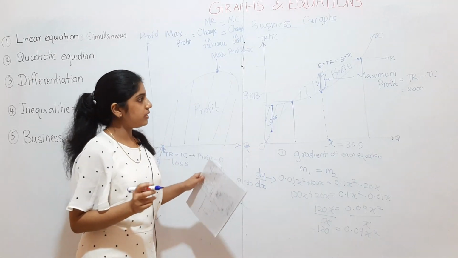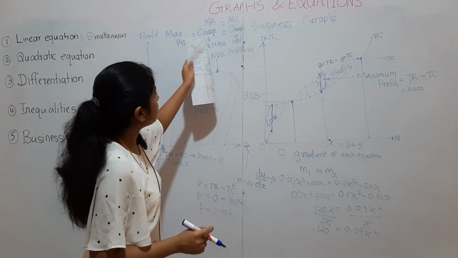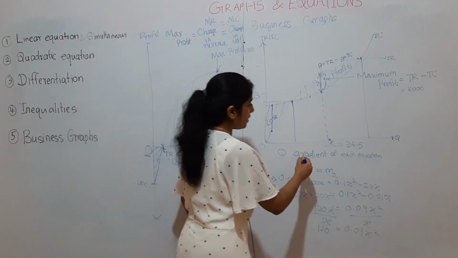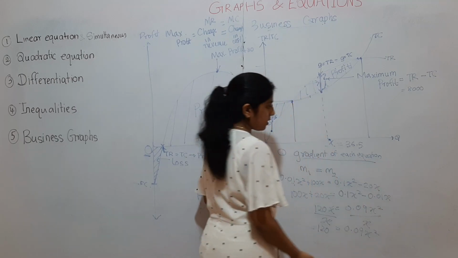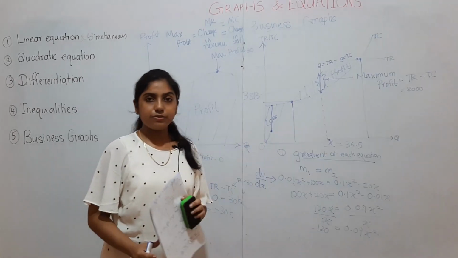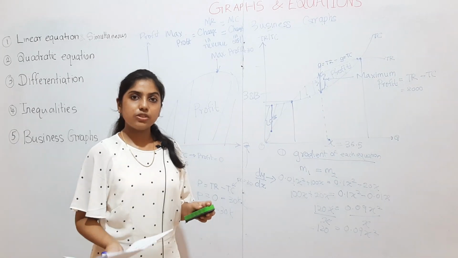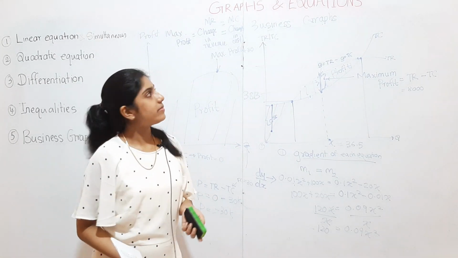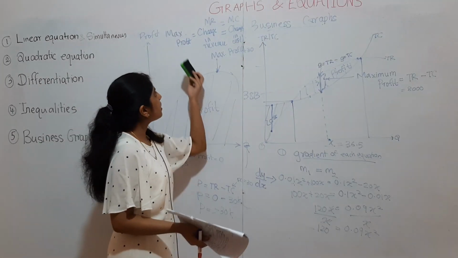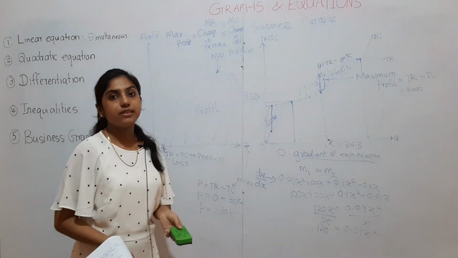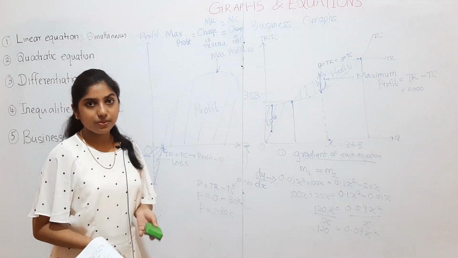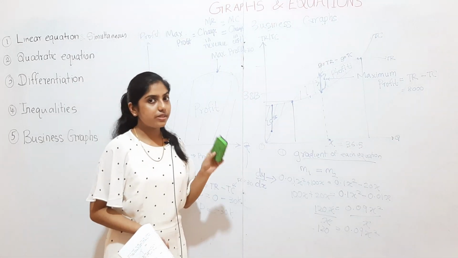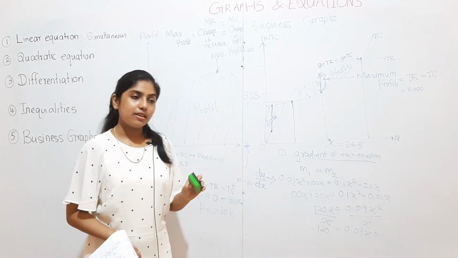So this change is what is called the gradient. So if the gradient of each equation is equal to each other, that means we are earning maximum profit at that point. Okay?